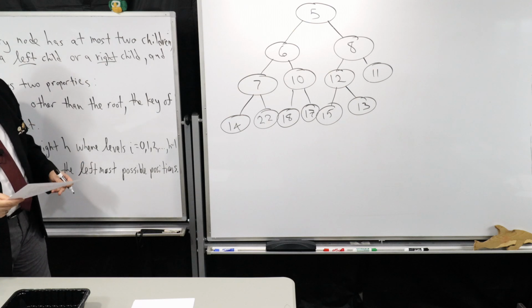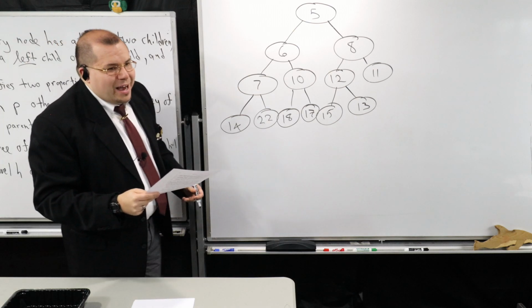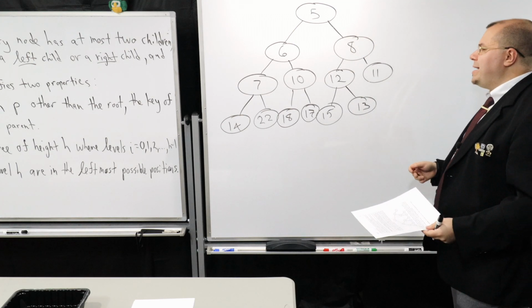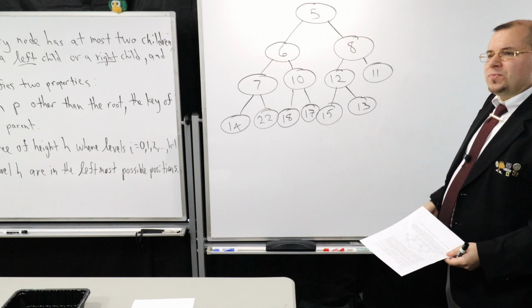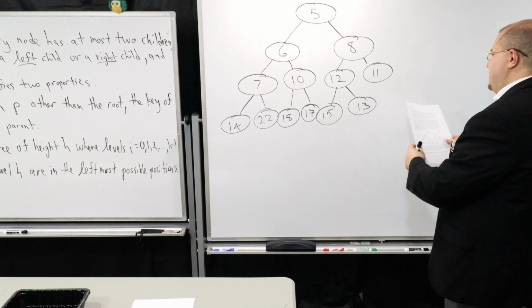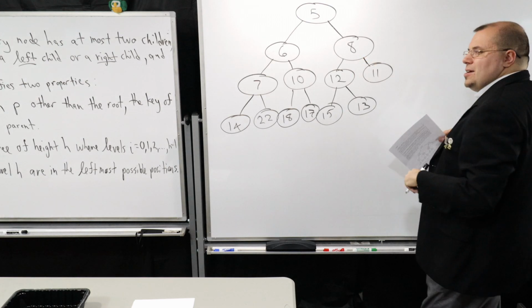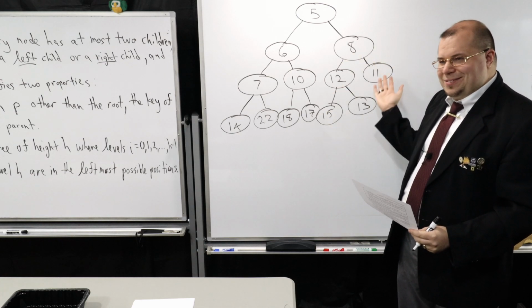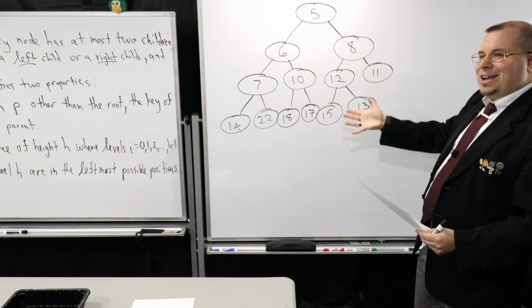So I have a question for you. Where is the element with the minimum key? Note, I've just drawn only the key values, but where is the minimum key in this heap? Remember, it's just a tree. I'm not doing anything magical here.